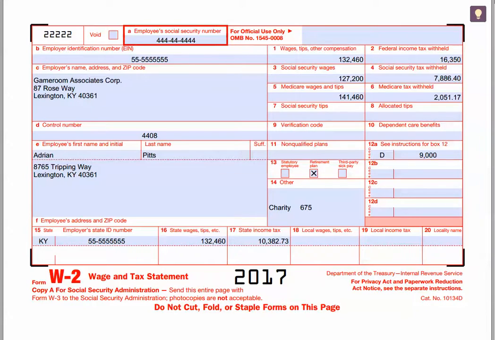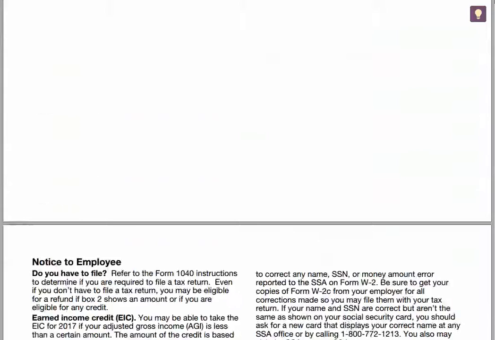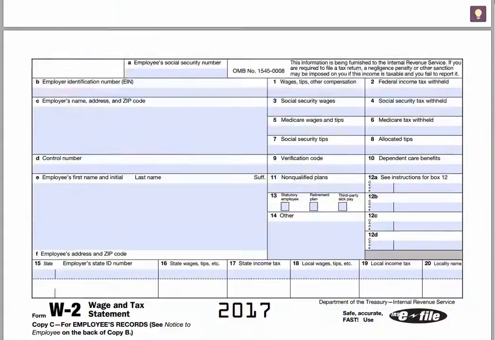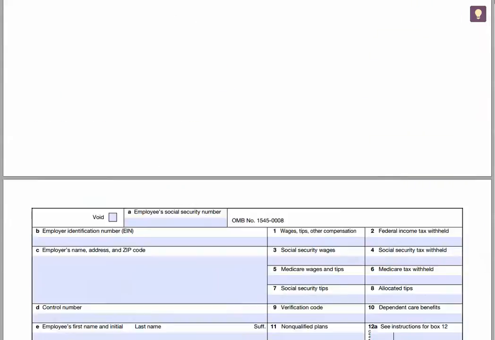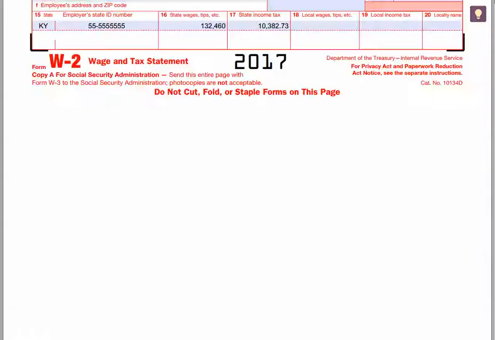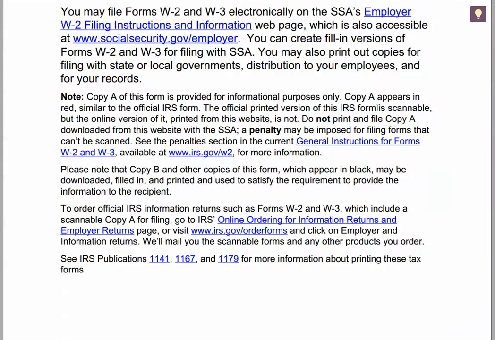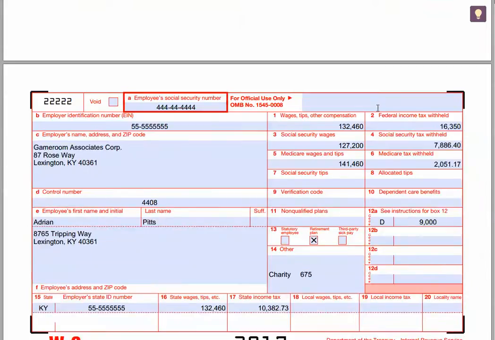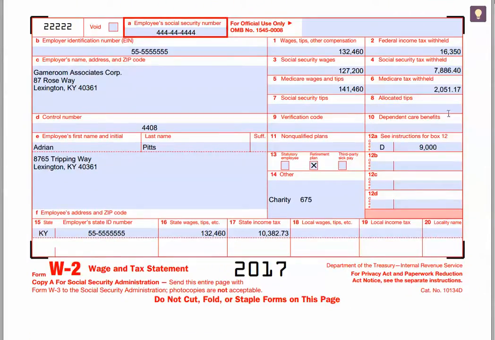Let's see if they actually have that down here. I'm not seeing it here, but maybe it's at the top. No. So how you would know that is from me telling you. Otherwise, I don't know how you would have known that, other than maybe if you looked it up. What's the code on your W-2 for Social Security, for 401k contributions? You could certainly do that.